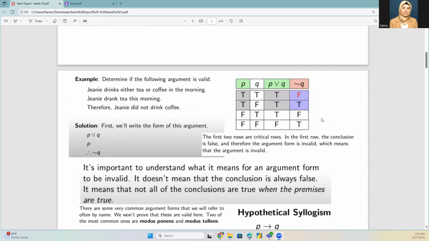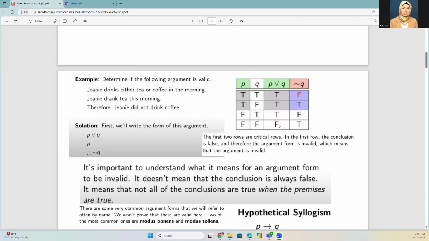So we have the truth table here for P, Q. This is our first premise, which is P or Q. Then we have P, and the conclusion is not Q. P is true, true, false, false, and Q alternates between true and false to get all the combinations of true and false for P and Q. First, we find the truth table for the first premise, P or Q. Or is only false when both of them are false.